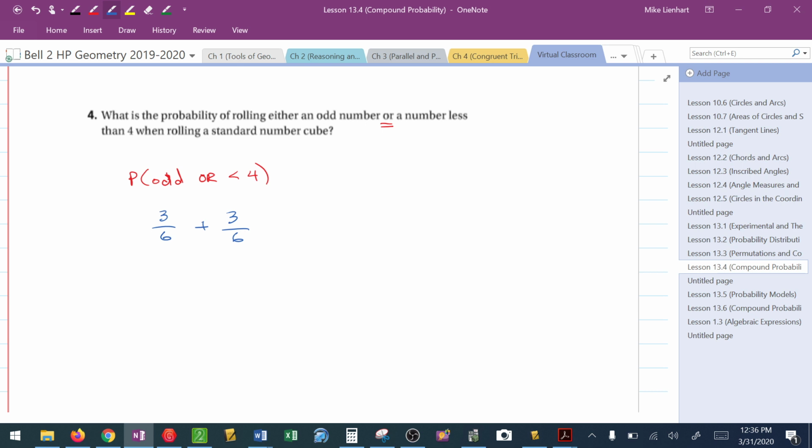So now we come into the overlap. I'm going to take the overlap off. In these odd numbers, I had 1, 3, and 5. In the less than 4, I had the numbers 1, 2, and 3. 1 and 3 got repeated. So I'm going to take off 2 out of the 6. This simplifies to 4 over 6 or 2 over 3.